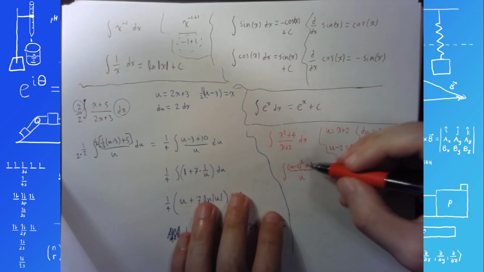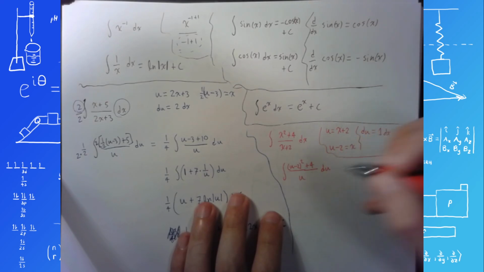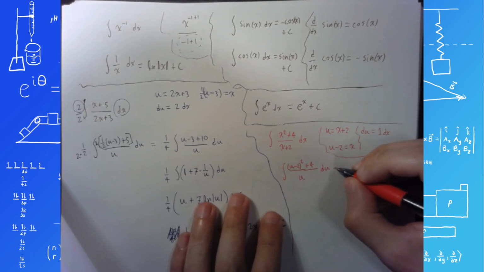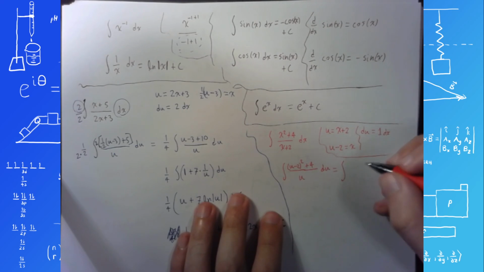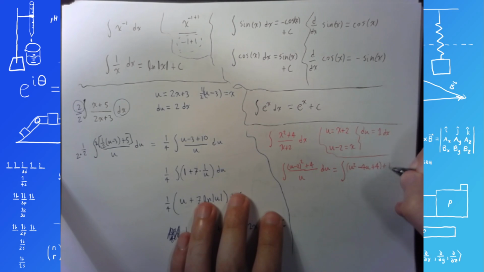And yeah, we're in business. U minus 2 quantity squared is easy enough to FOIL: integral of u squared minus 4u plus 4, and then plus the other 4 on the outside, all over u du.